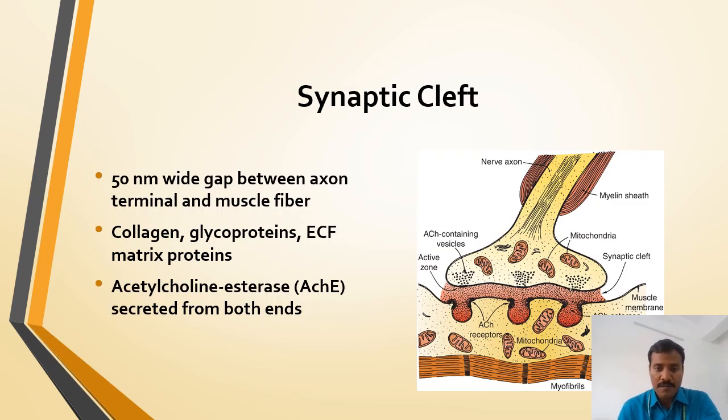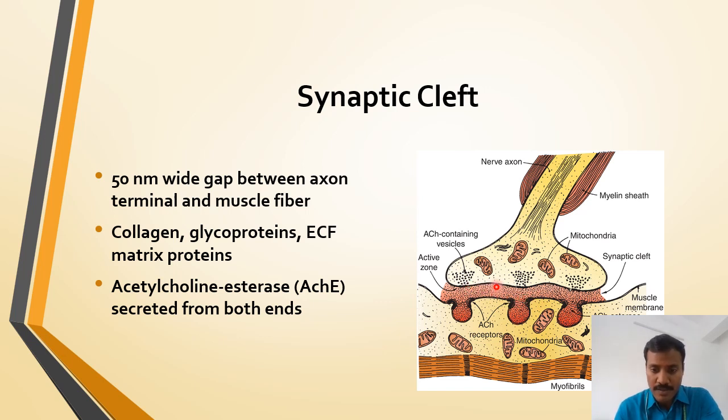Coming on to the synaptic cleft, it is the junction or gap between the presynaptic terminal and the postsynaptic membrane, which is on average 15 nanometers wide, between the axon terminal and the muscle fiber. You can see this is the presynaptic terminal, this is the end plate membrane, and there is a pink colored substance.